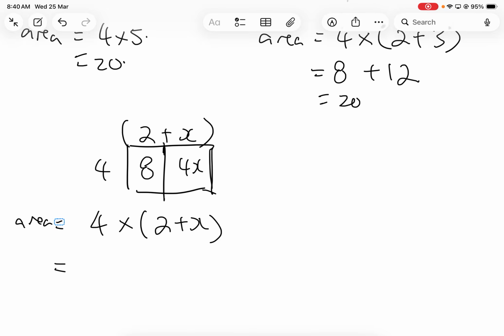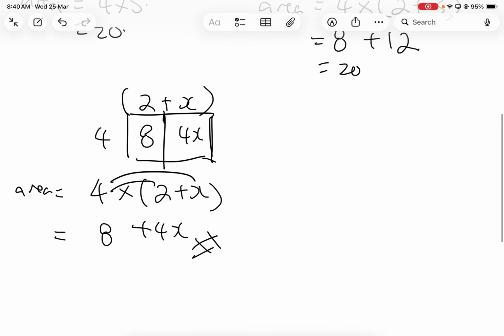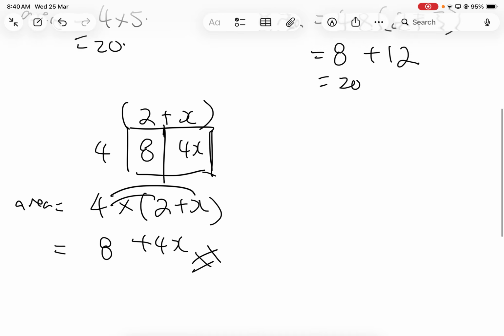Okay? Can? So now let us go back to our workbook. The workbook starts with something easier. When you see number followed by a bracket, what this means is actually 7 multiply this bracket.